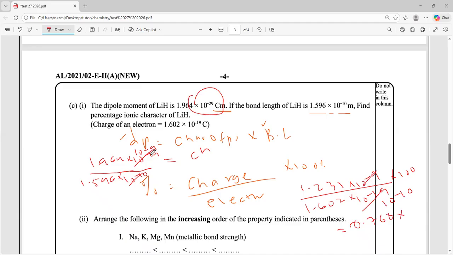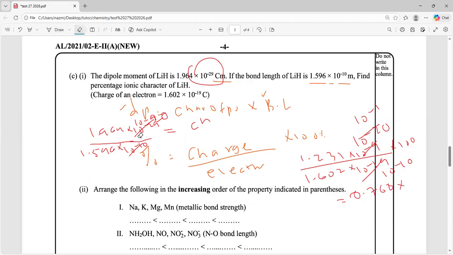Okay, I took it as 19. Here 10 power minus 20, and below you have 10 power minus 19. Then it becomes 10 power minus 1. Wait, I'll write it clearly.